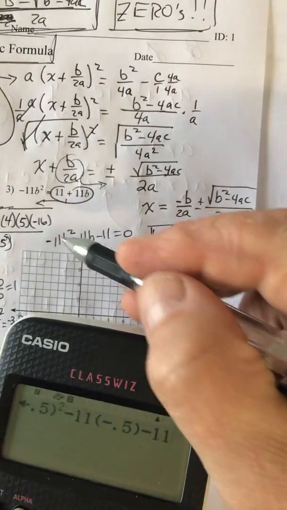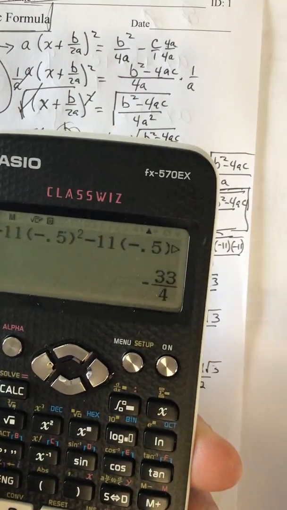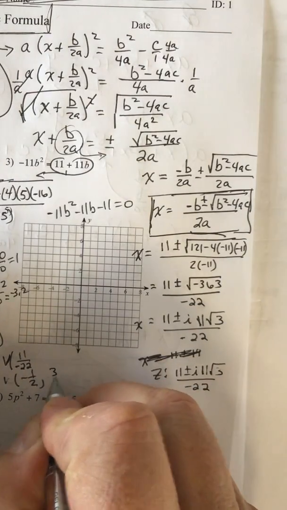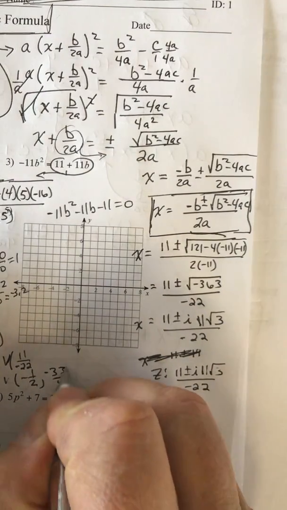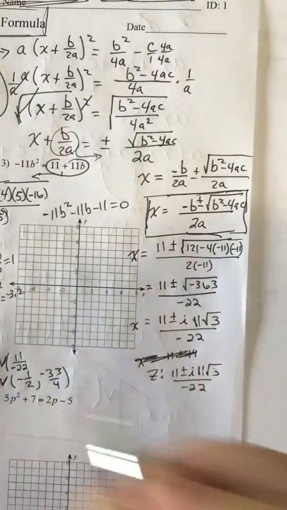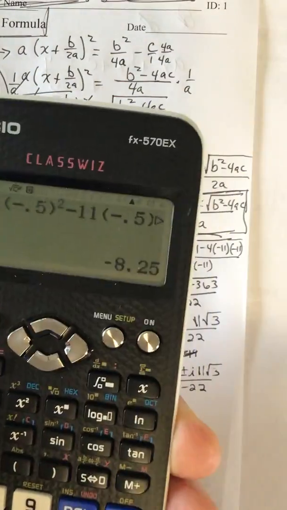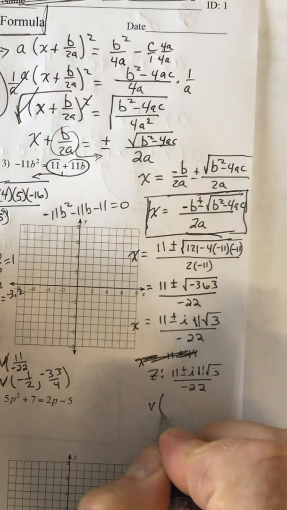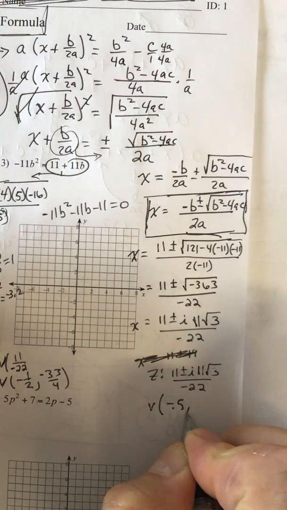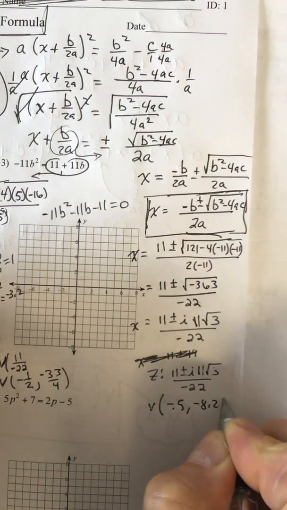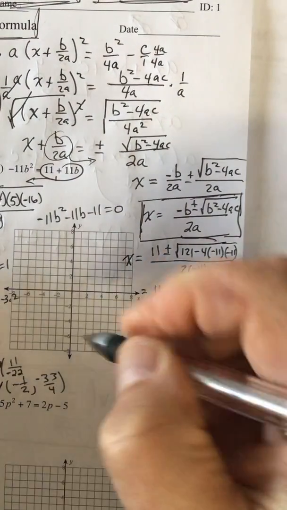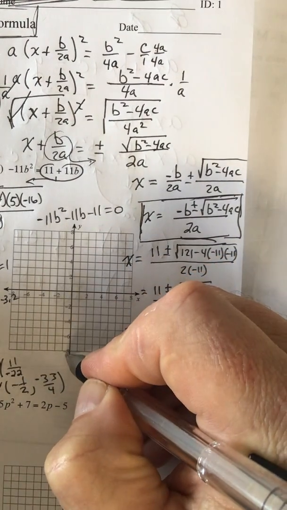So I just plugged it into the original equation. It's negative 33/4. So there's the vertex. I would like that as a decimal just so I can know where to plot it. So the vertex is at negative 1/2, negative 8.25. So negative 1/2, down 8.25 is right about there.